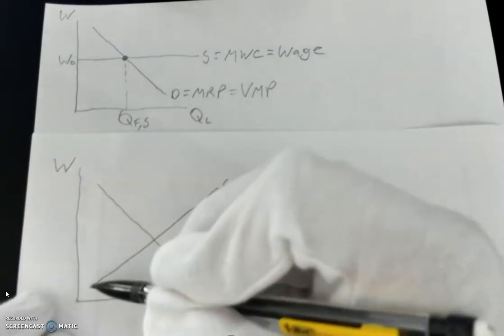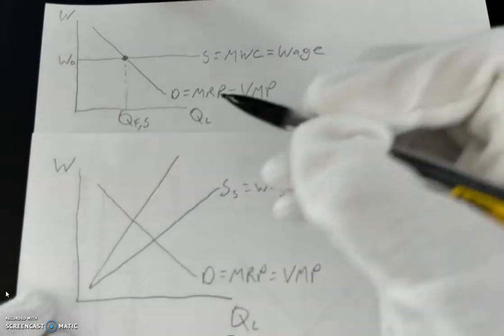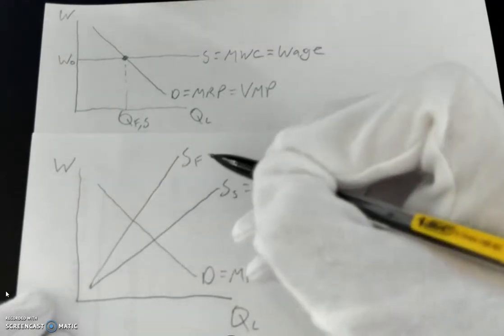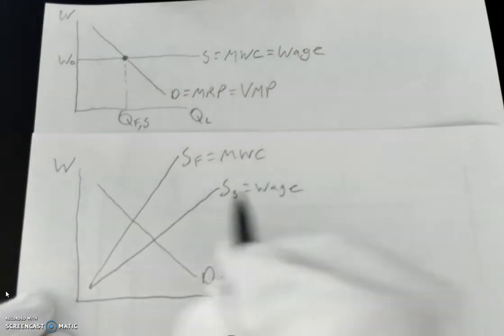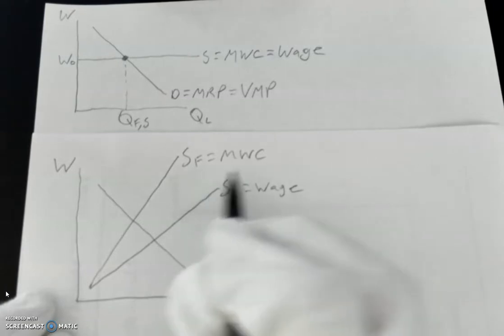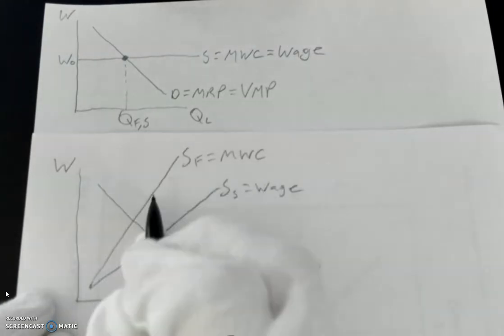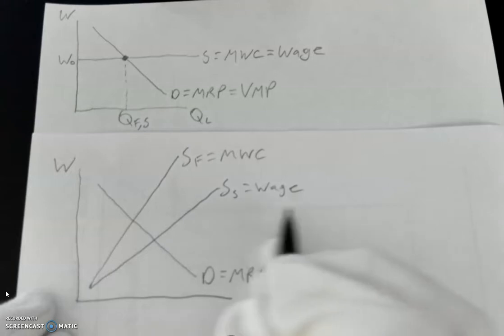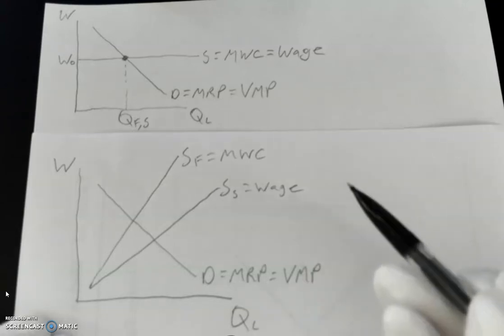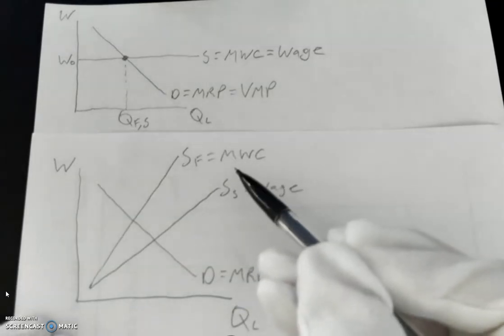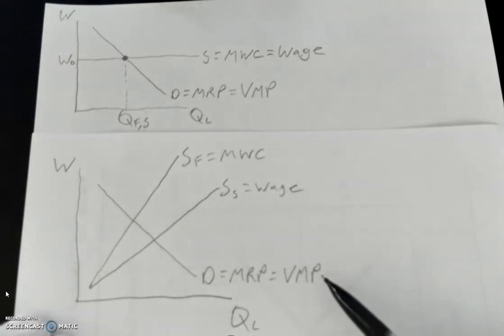But recall, I'm then going to draw an upward sloping supply curve that the firm sees. It's always higher, and that's the firm's marginal wage cost. So the firm sees a wage to get labor as higher than what society sees as a wage it would take to get people to work. Regardless, we now have our complete model. Again, this is showing imperfectly competitive labor markets and perfectly competitive product markets.